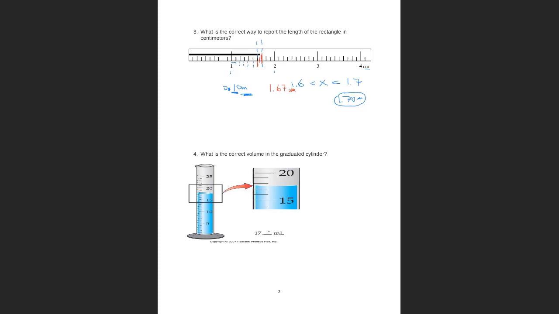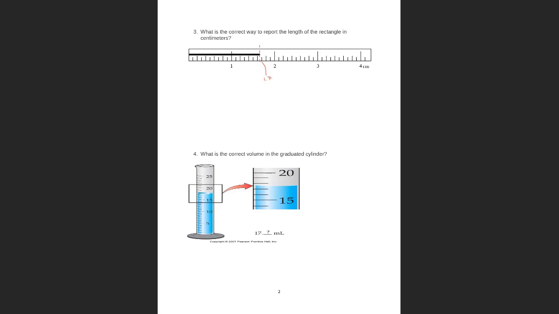So maybe I'm messing everything up. So let me erase to make sure that. The first thing we do is look at the smallest marking and see that it's a little closer to this number, and this number is 1.7.